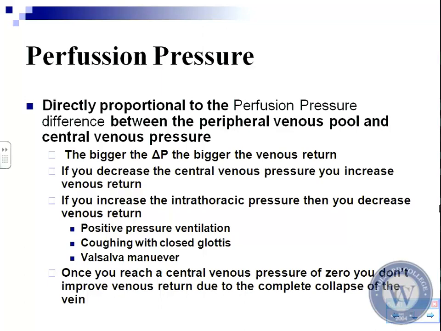It is very bad to do that to somebody, especially if they're hypovolemic. If you increase the intrathoracic pressure, then you decrease venous return, so positive pressure ventilation, coughing with a closed glottis, and the Valsalva maneuver, which is why we find so many people dead in bathrooms.